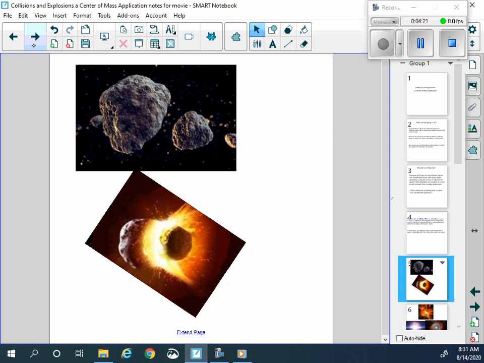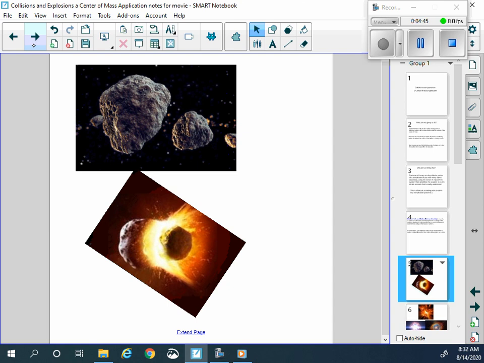If I look at these two objects and they are initially stationary, then the motion of the center of mass is stationary. The system isn't moving. As these two guys get pulled towards one another, they will get pulled to the center of mass. But that center of mass still has not moved because there is no external force.